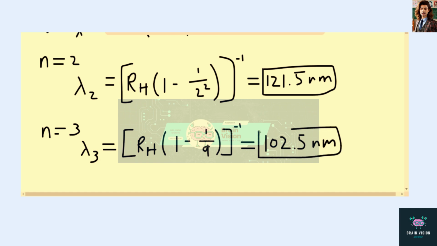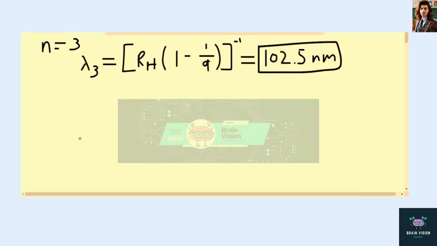And then the third one is n equals 4. We can call this one lambda 4.